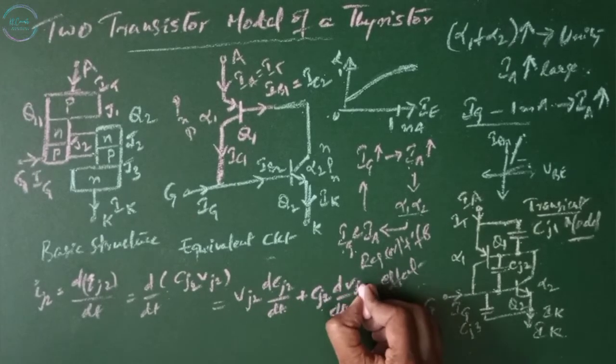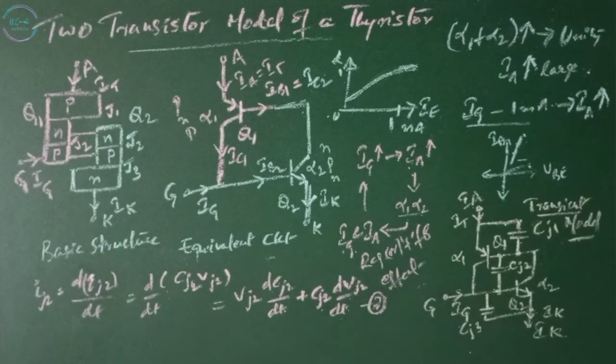That is equation number 7, where CJ2 and VJ2 are the capacitance and the voltage of junction J2 respectively, and QJ2 is the charge in the junction.